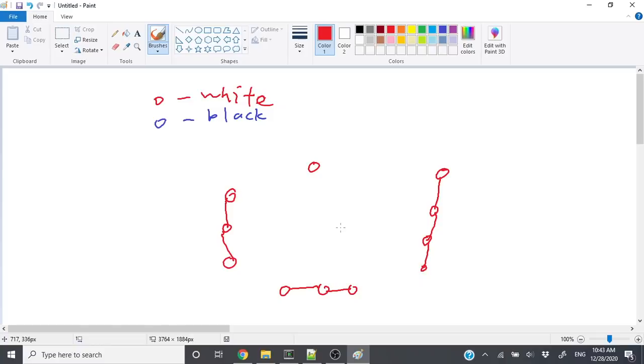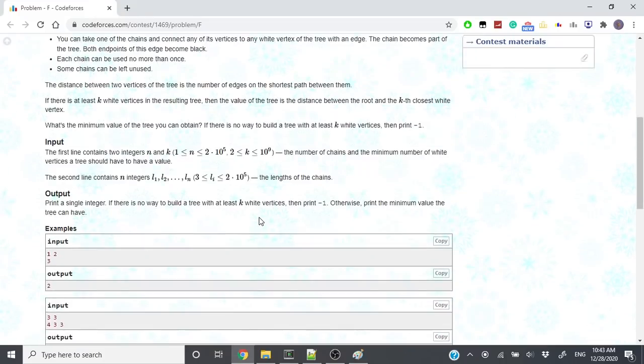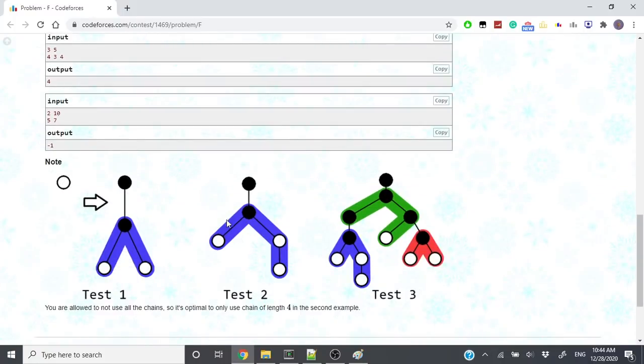But this is interesting, I think. Yeah. The design of this problem is kind of cool. Also good that they're all at least 3, because a chain of length 2 would be totally useless.